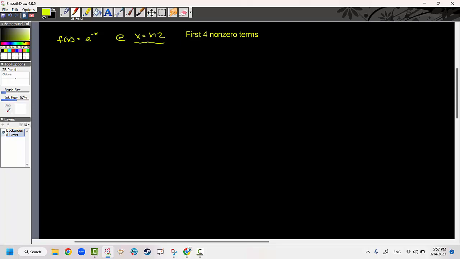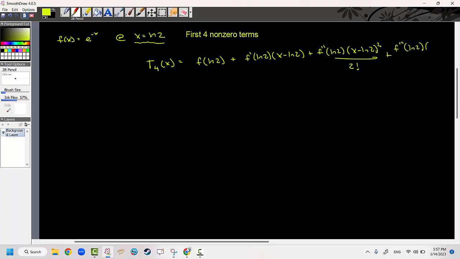So I'm going to say T sub 4 of x, 4 being the first 4 non-zero terms, is going to expand out into f of ln 2 plus f prime of ln 2 times x minus ln 2 plus f double prime of ln 2 times x minus ln 2 squared over 2 factorial, plus f triple prime of ln 2 times x minus ln 2 cubed over 3 factorial.